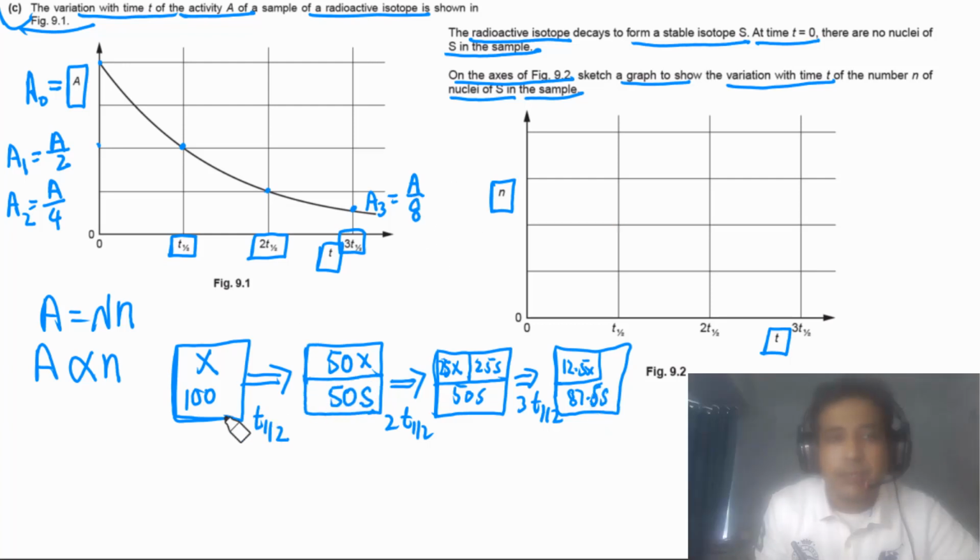Let's try to understand a little more about how the number of S nuclei increases with time.